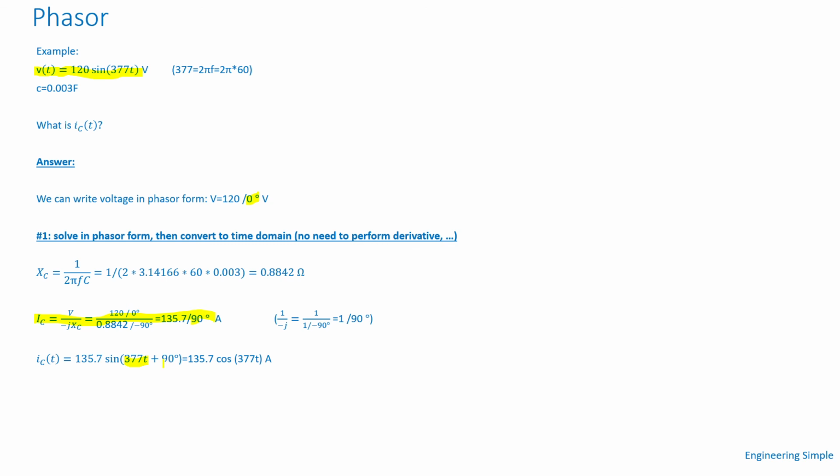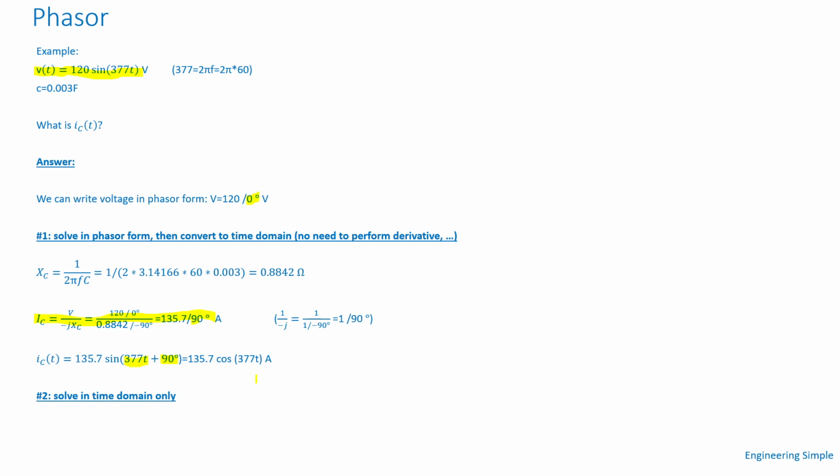That's why I put 90 here. And from trig equations, sine of x plus 90 is just the cosine of x. So that's what I'm doing here.